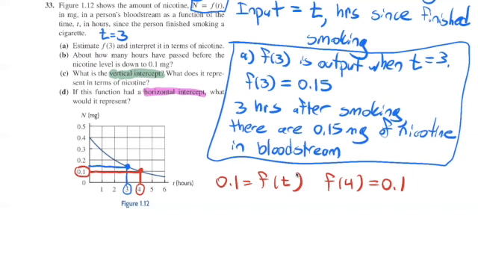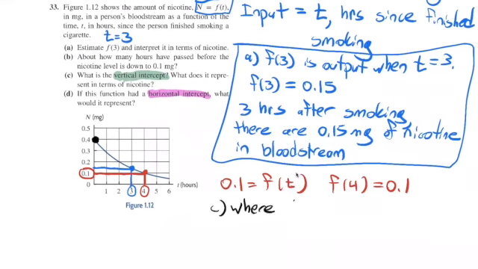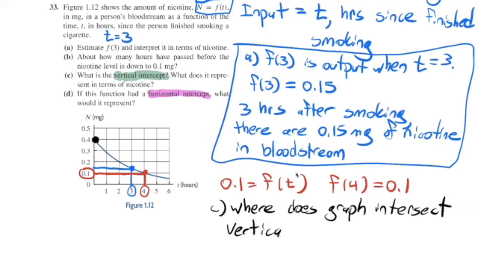The vertical intercept is going to be the place where the graph crosses the vertical axis. So remember, we've got the vertical axis, and the vertical intercept is where the graph intersects the vertical axis.